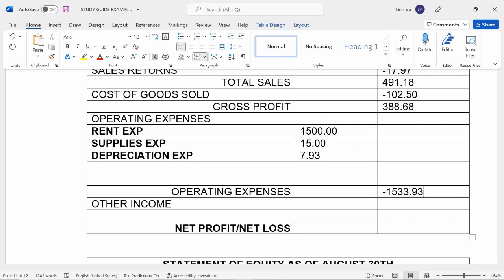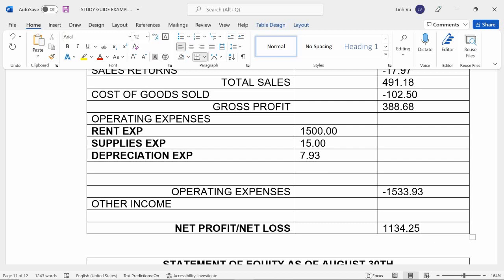So that means you got a loss. You have a loss of $1,134.25. Okay, let's double confirm that.